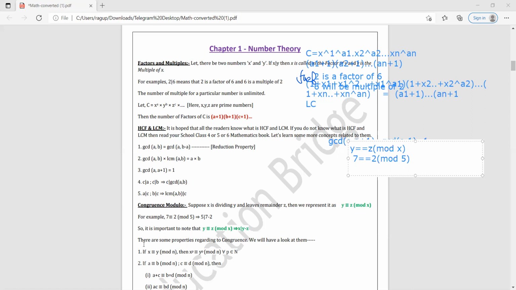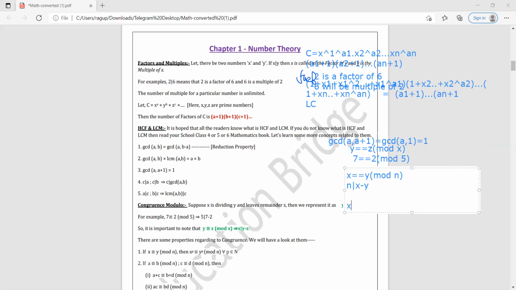And here are some properties like if x is congruent to y mod n, then x raised to p is congruent to y raised to p mod n for p belonging to N. So this is very simple. If x is congruent to y mod n, then we will have n divides x minus y.